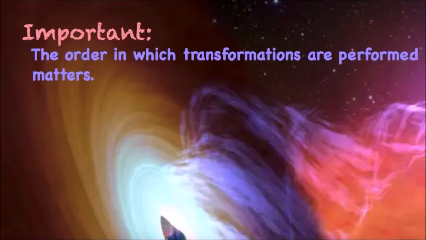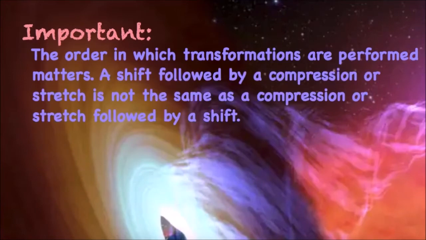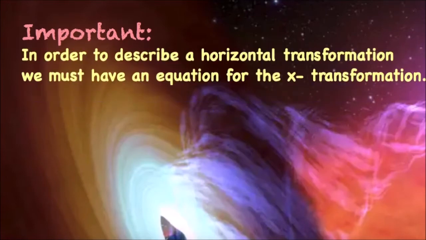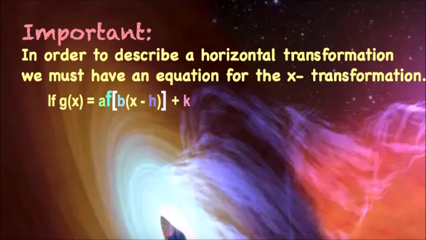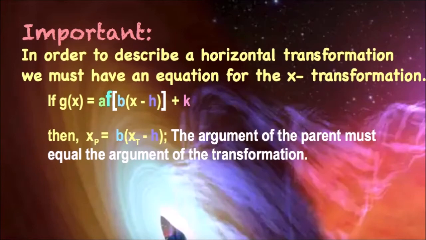Important. The order in which transformations are performed matters. A shift followed by a compression or a stretch is not the same as a compression or stretch followed by a shift. In order to describe a horizontal transformation, we must have an equation for the x transformation. If g of x equals a times f of b times the quantity x minus h, everything plus k, then x parent equals b times the quantity x transformation minus h.